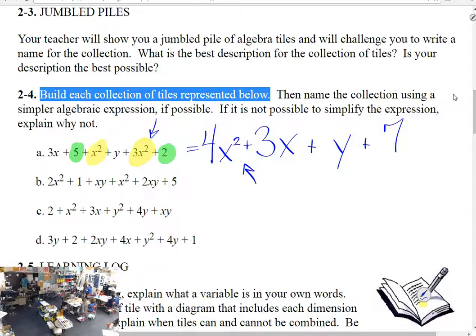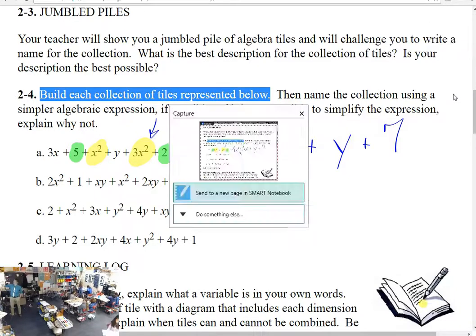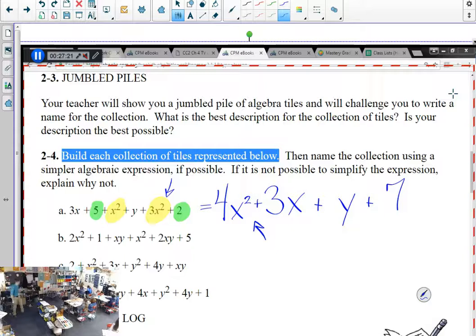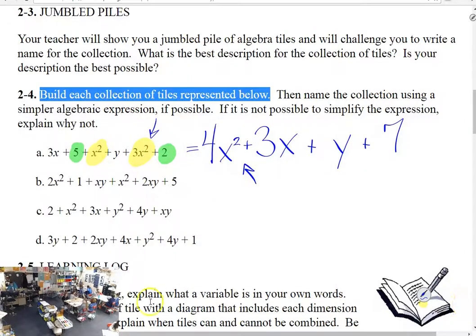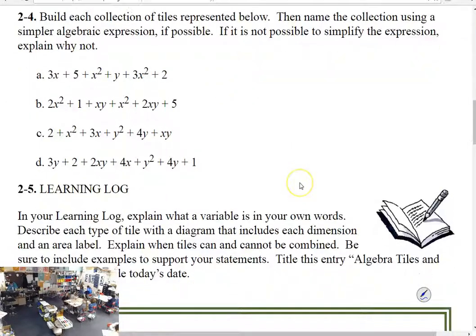Okay. No, I'm out of room. Oh, that's not an x squared.